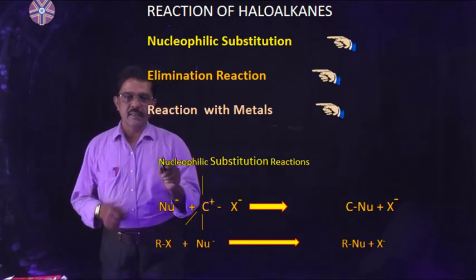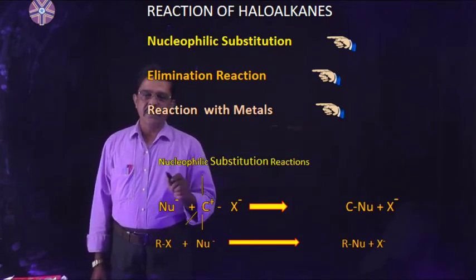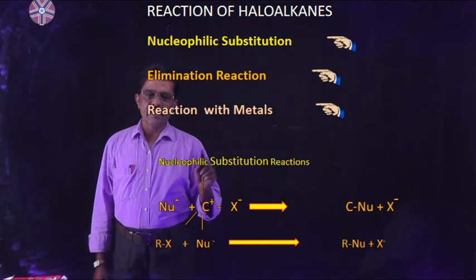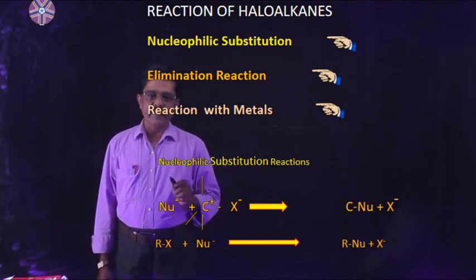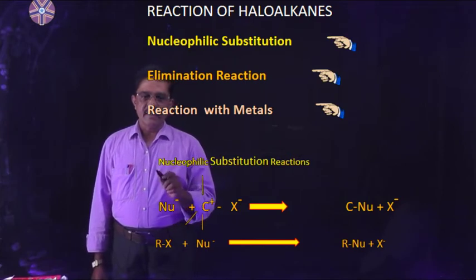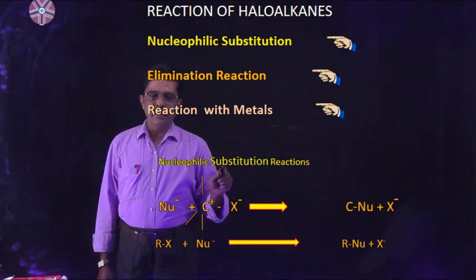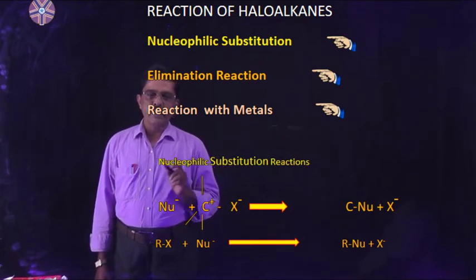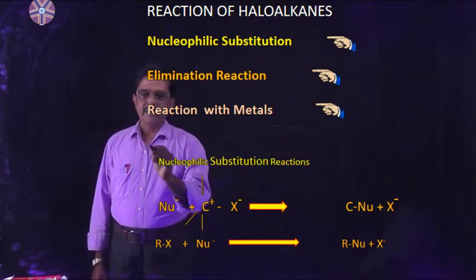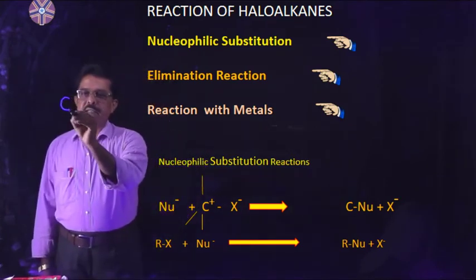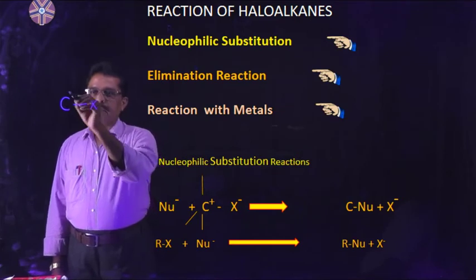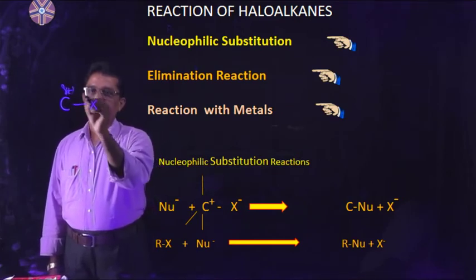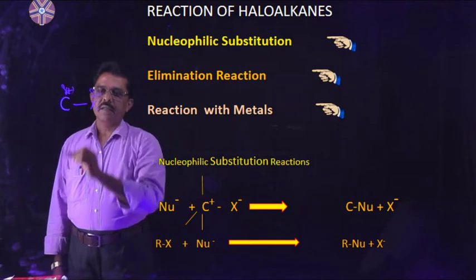In this reaction, Nu is the nucleophile and the X atom is the leaving group. In place of X, Nu is substituted. Here, the general example: RX plus Nu gives R-Nu plus X. In the nucleophilic substitution reaction, in the carbon-halogen bond, carbon gets a partial positive charge and halogen gets a partial negative charge.